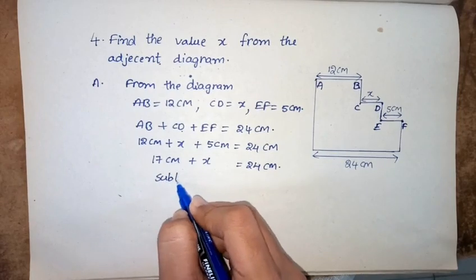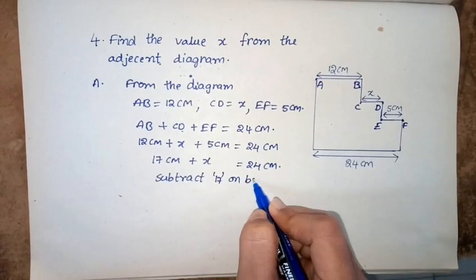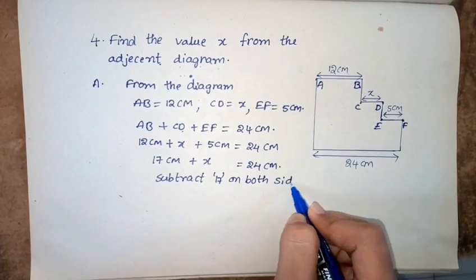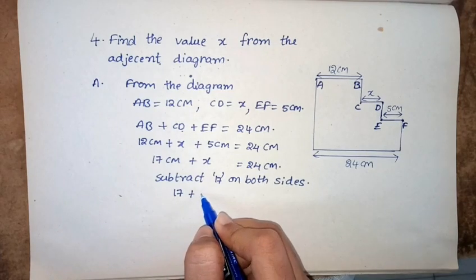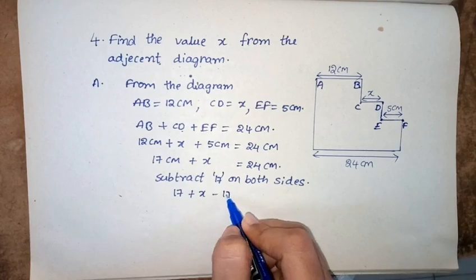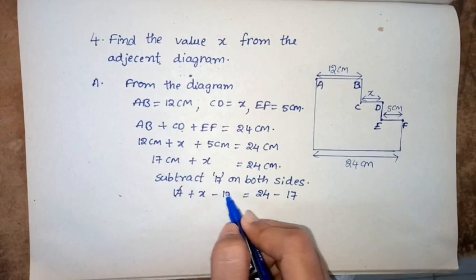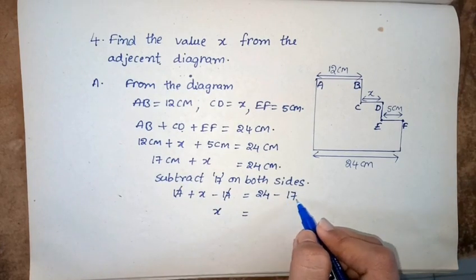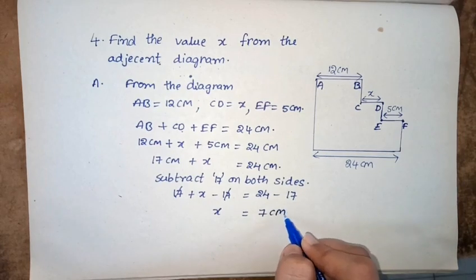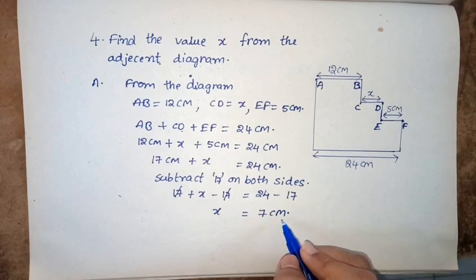Subtract 17 on both sides. 17 plus x minus 17 is equal to 24 minus 17. Plus 17 minus 17 equal to 0. So remaining x equal to 24 minus 17. It becomes 7 centimeters. So the distance x equal to 7 centimeters.